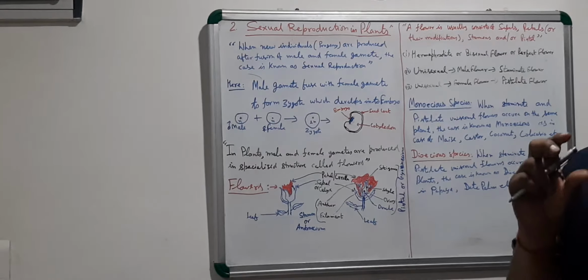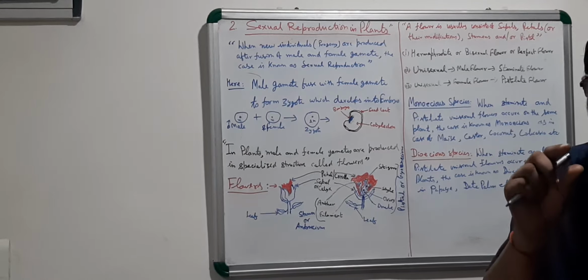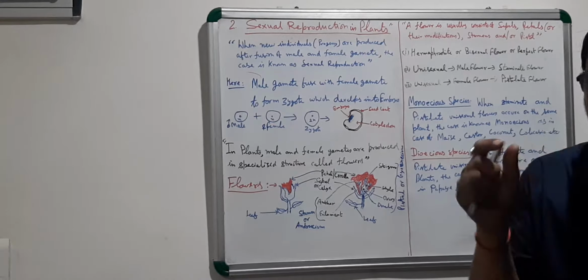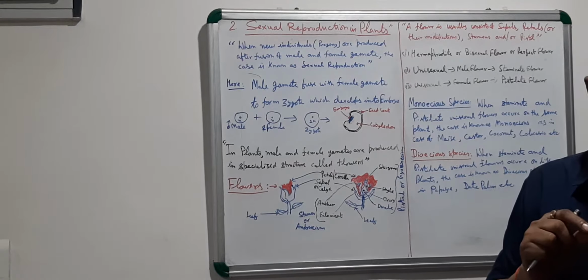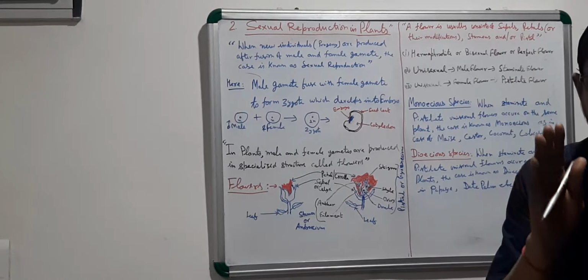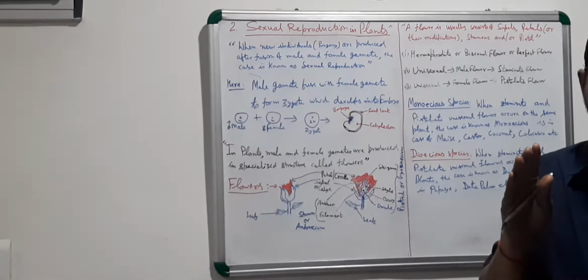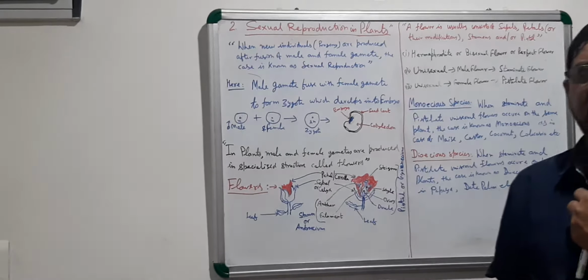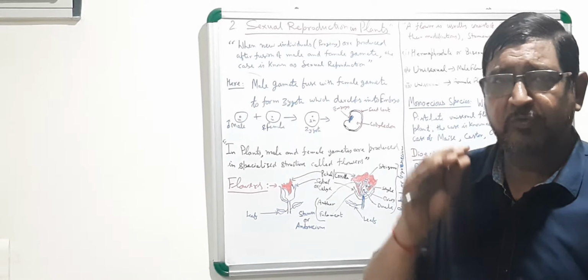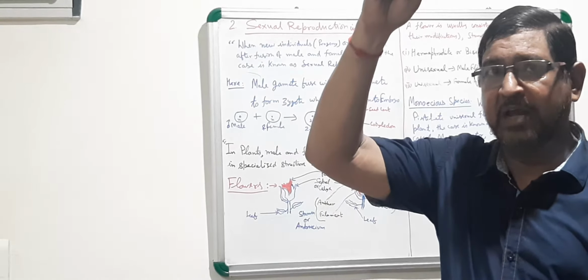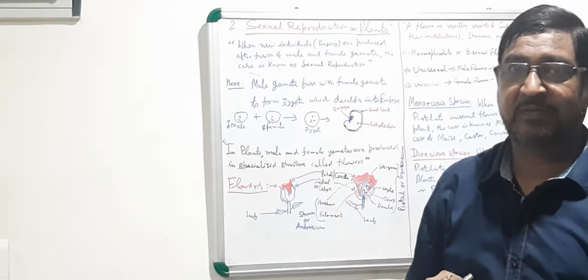In monoecious species, a single plant has both unisexual flowers on different portions. For example, you must have seen the maize. If you see the upper portion, you have the male part, the staminate flower.